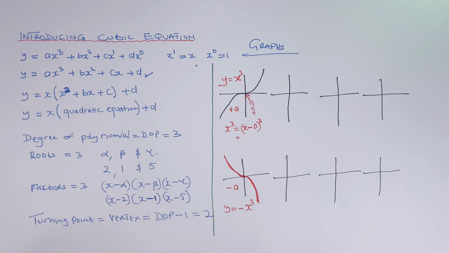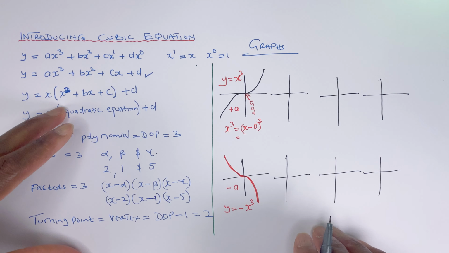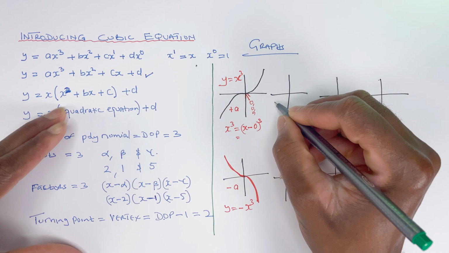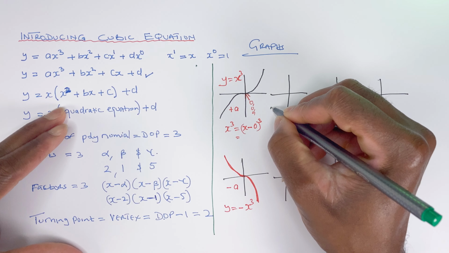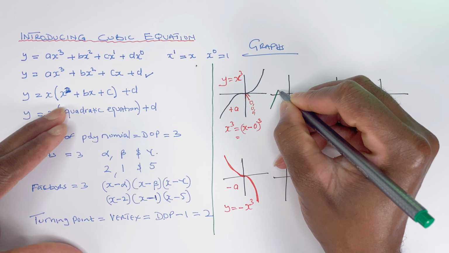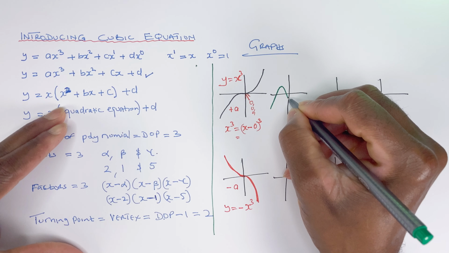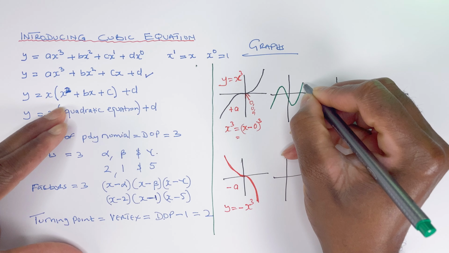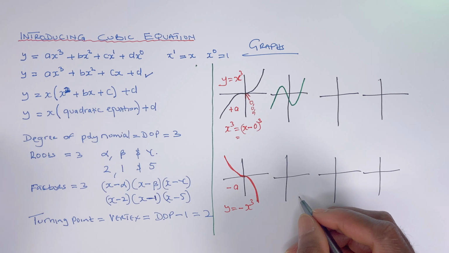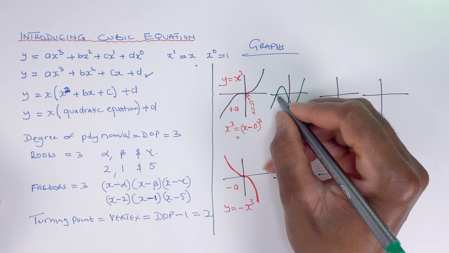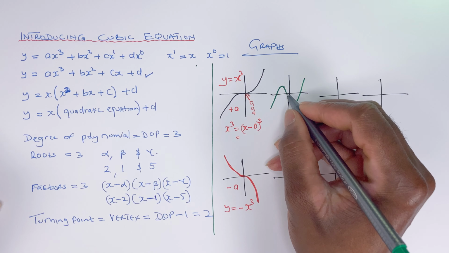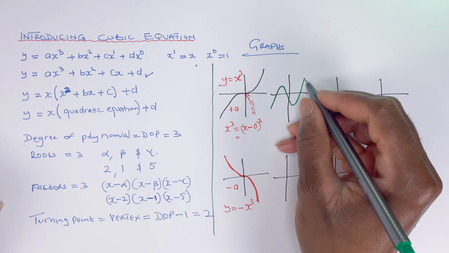The other graph I like to draw is where you have a cubic coming in at 1, 2, and 3. So you've got 3 roots here. It's coming in at 1 root, leaving here, coming out to there at 2 roots, and going out again at 3 roots.